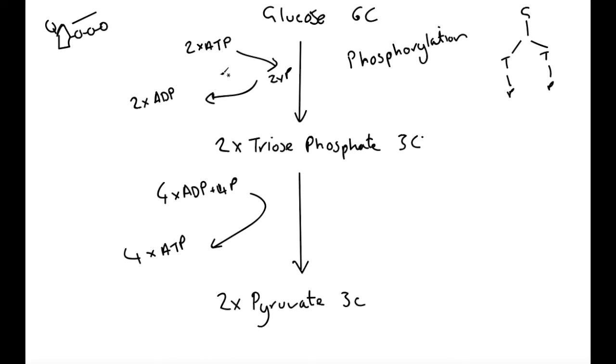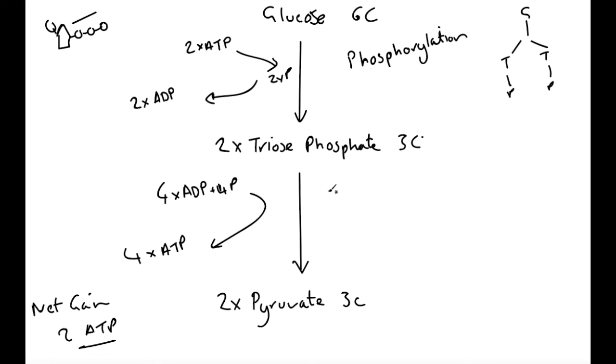So we had to use 2 ATP to make 4 ATP. So 2 of these ATP go back to start again, which gives you a net gain of 2 ATP. So glycolysis on its own produces a net gain of 2 ATP. It's very important that you understand that, a net gain of 2 ATP. This ATP now will go off and be used as cellular energy.